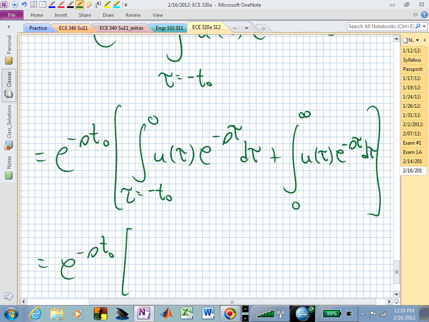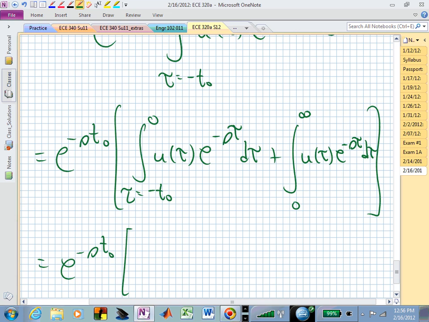And now what I can do is say, what does this unit step functionally equal in these particular integral ranges? Hopefully this right-hand piece looks very warm and fuzzy.